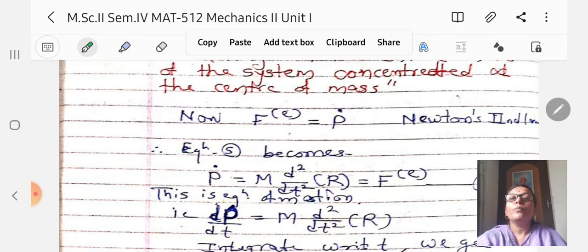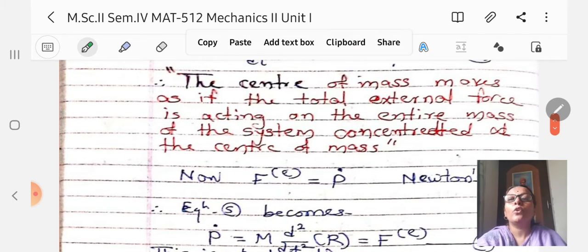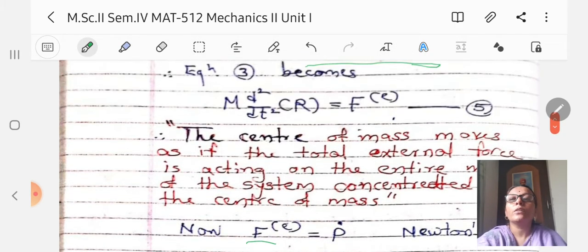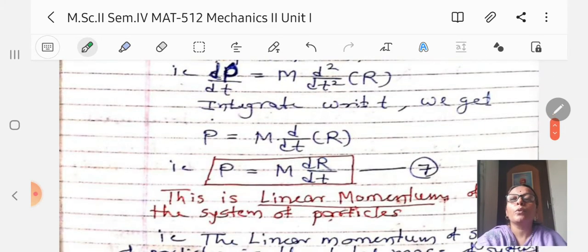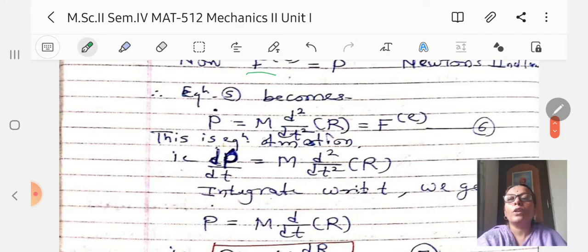When we put this value of Fe in equation 5, it becomes P dot equal to m d square by dt square of r, which is equal to the total external force Fe. Suppose this is equation number 6.